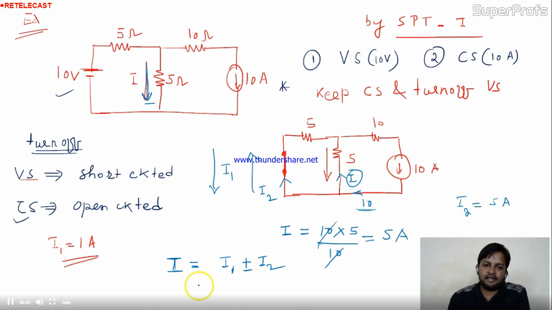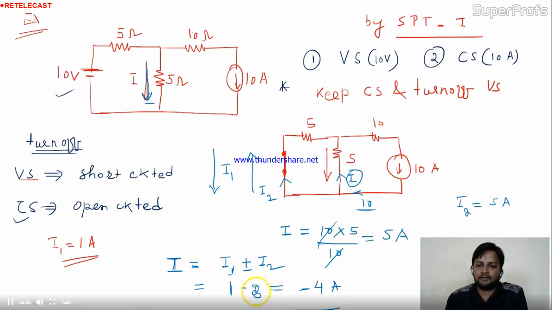Here, for the resultant, I1 is coming from up and I2 is going to up. So I1 you already found as 1 ampere and this is opposite to it, minus 5 ampere. So you are having minus 4 ampere. What does this minus mean? This is upward, right?